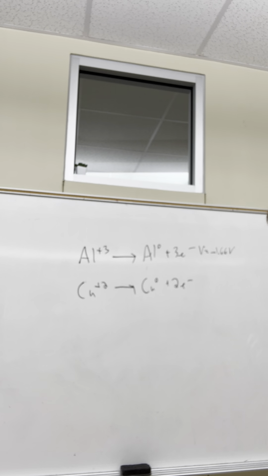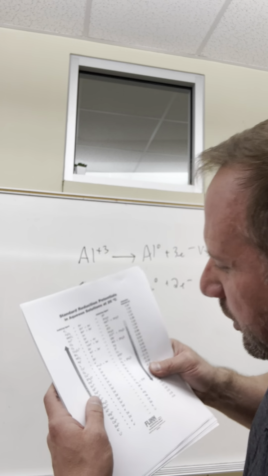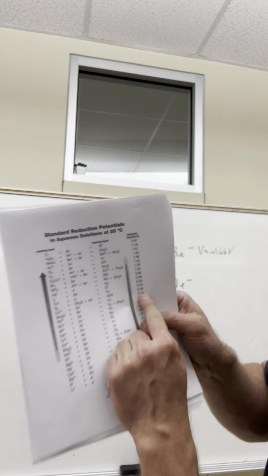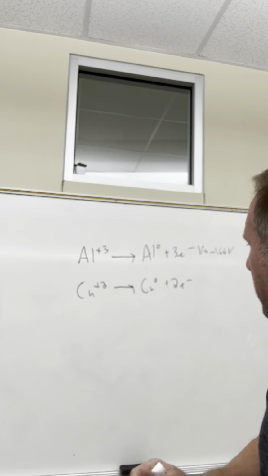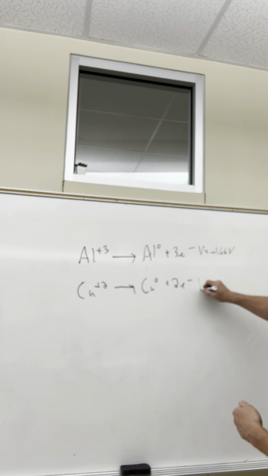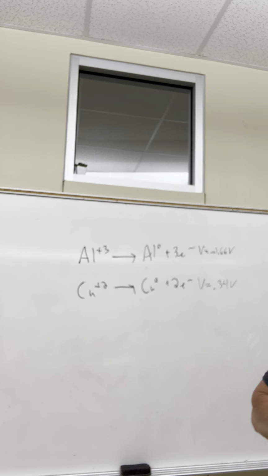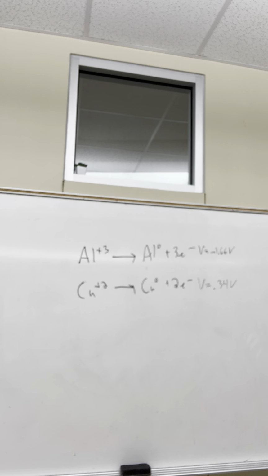And we look at copper, and copper has a reduction potential of 0.34 volts. So voltage of copper is 0.34 volts. So now what that means is copper has a greater reduction potential than aluminum. The copper ion is going to win.